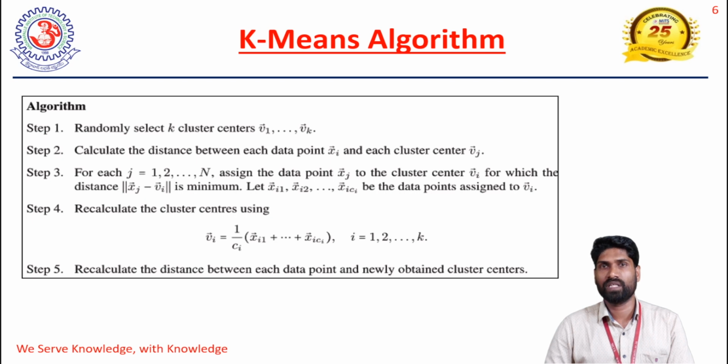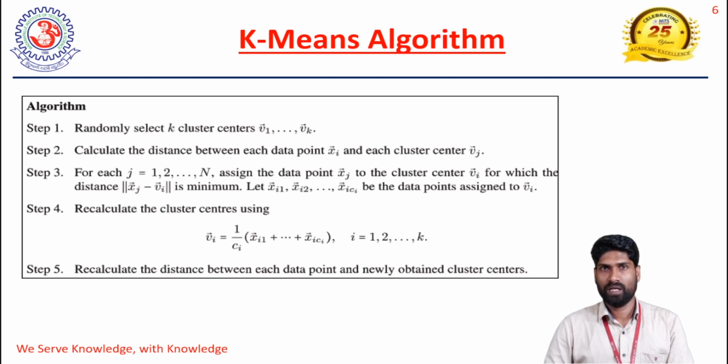V1, V2, V3 are there, and j is from 1 to n. So we check whether the first xj is very close to V1, V2 or V3. We choose that vi which has the minimum distance, and we assign that point xj to that particular vi.